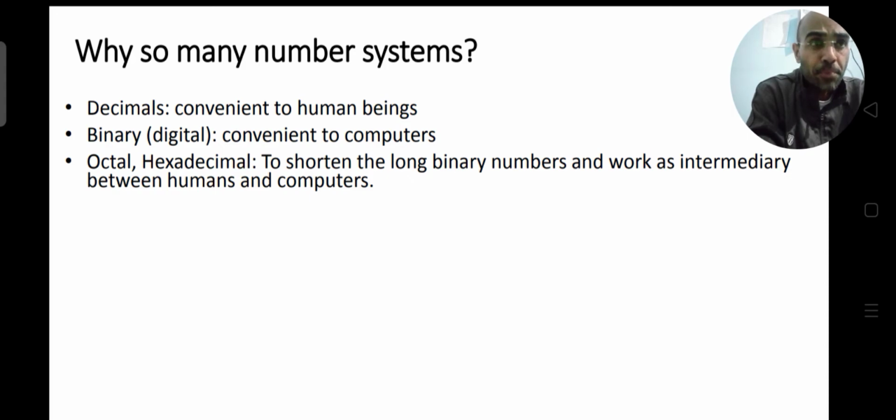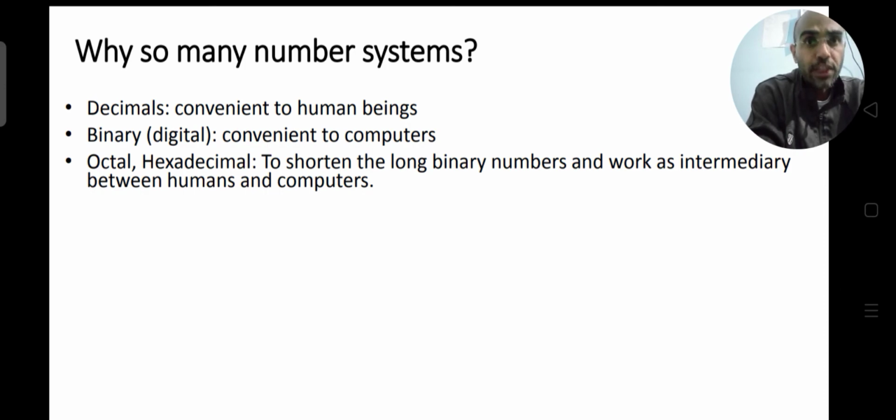Whereas for computers, it becomes very convenient to use the binary number system. Why the binary number system? The reason is that it has only two levels to handle. If you have only two levels, then the presence of something can be denoted by 1, whereas the absence of something can be denoted by 0.